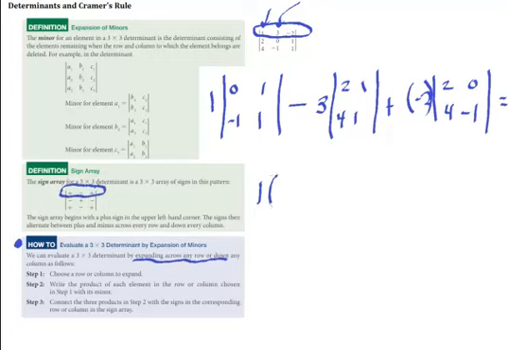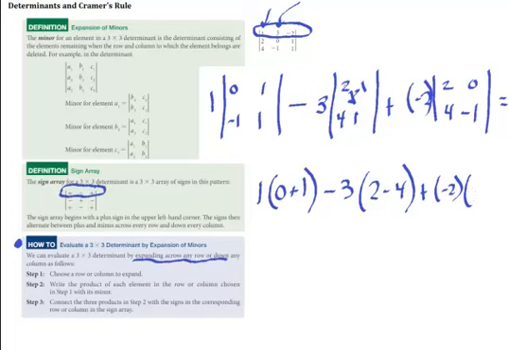It's going to be 1 times 0 times 1 is 0 minus a -1, so that's a +1. Minus 3 times his determinant, which is 2 times 1, 2 minus 4, and then plus -2 times -0, so I'm not writing that down.